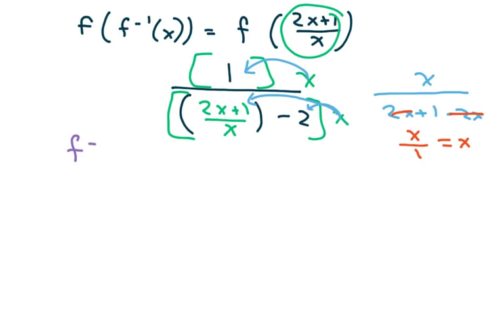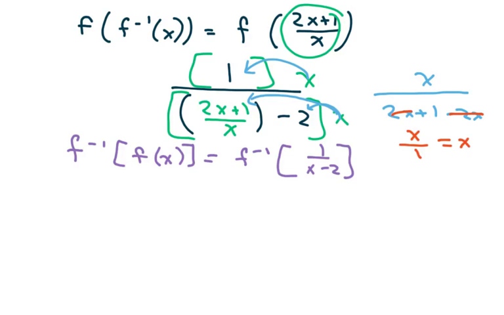We have f inverse composed with f of x. So I'm going to write this as f inverse, and my f is 1 over x minus 2. So when I write f inverse, that's going to be 2x plus 1 over x.